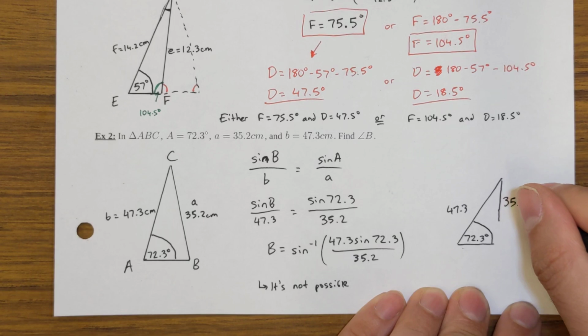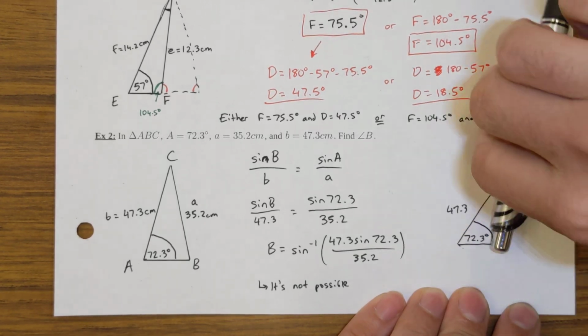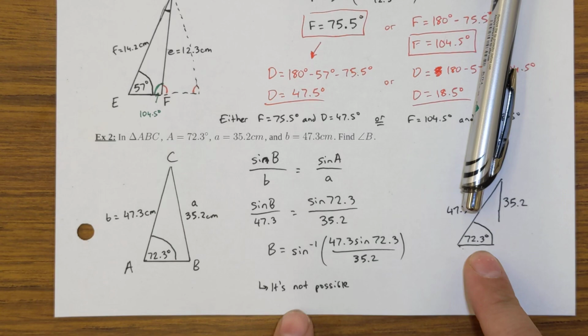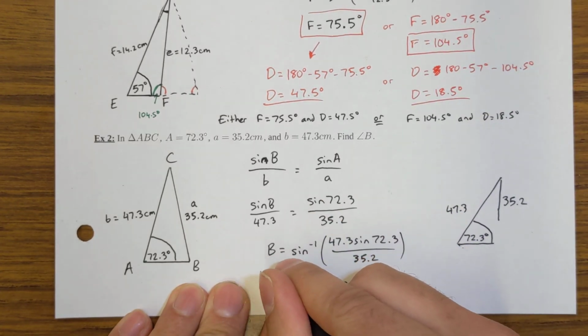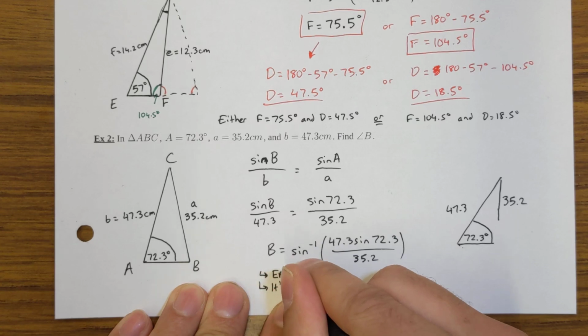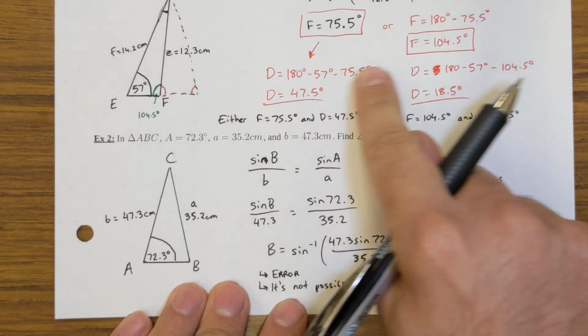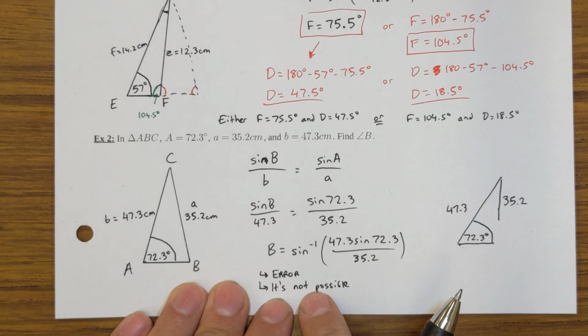I know this is not completely to scale, but this arm here, no matter which way we turn it, can't possibly get down far enough to make a 72.3 degree angle. So we got a math error in the calculator, telling us that this triangle is not possible. So we saw a scenario where we had two possible answers, and we also saw a scenario where we had no possible answers.